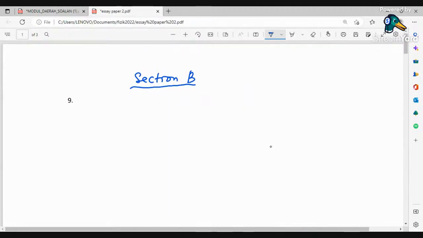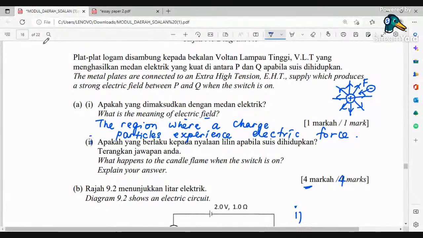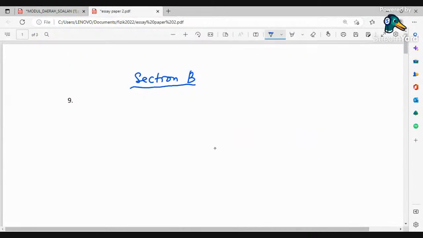So what happens to the candle flame? This is the question just now, A2, 4 marks. It means minimum I must have 4 sentences or 4 points in my answer. First, when you light up the flame itself, what happens to the molecules of the air around it?